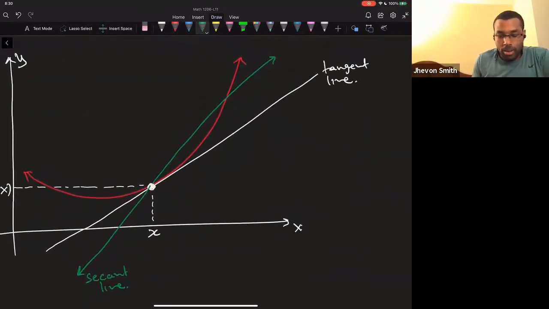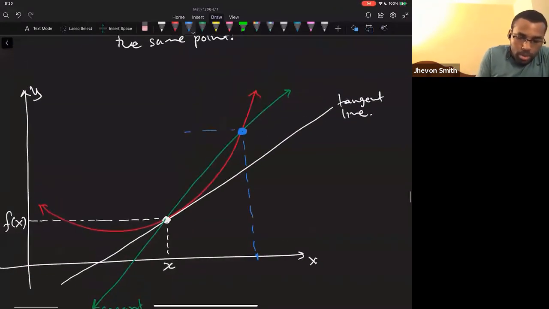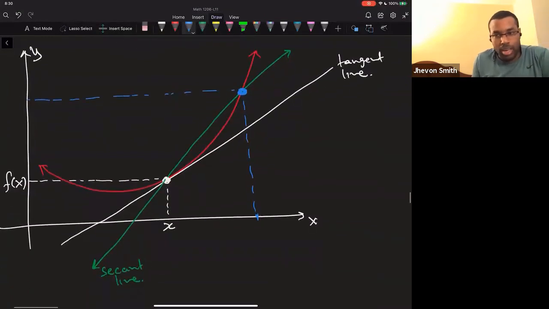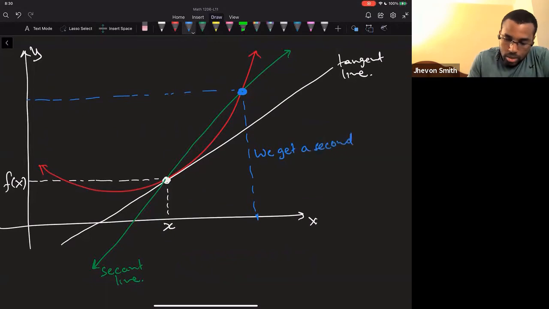Now, what is the benefit of that? Well, now I get a second point. Of course, that second point is not on our tangent line, but we'll deal with that pretty soon. Let's say this point is h units away.